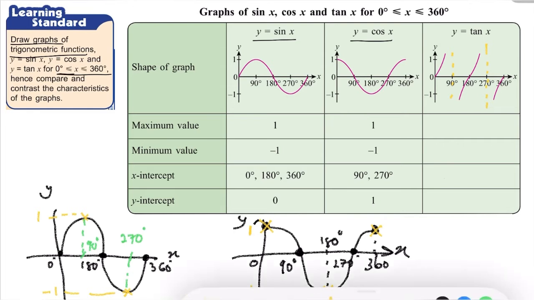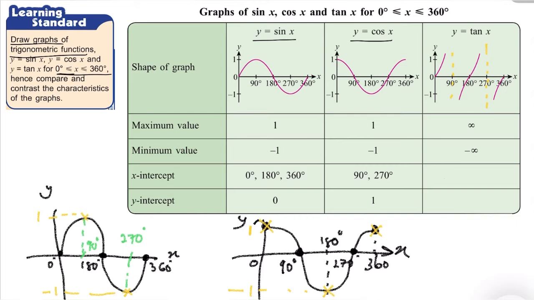So the maximum value, as you can see, is infinity, because it doesn't touch any value there. Okay, also here the maximum value, and then we look at the minimum value, also the same, because it doesn't touch the 90 degrees, so it doesn't know where it can go down deeper.